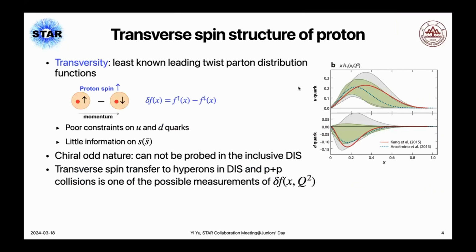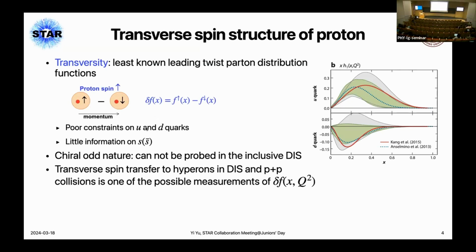When the proton beam is transversely polarized, namely its polarization direction is perpendicular to its momentum direction, we use the transversity to describe its spin structure. Transversity is one of the leading twist parton distributions. Its definition at the leading order is also the difference of the density with the parton spin parallel and anti-parallel to the proton spin.